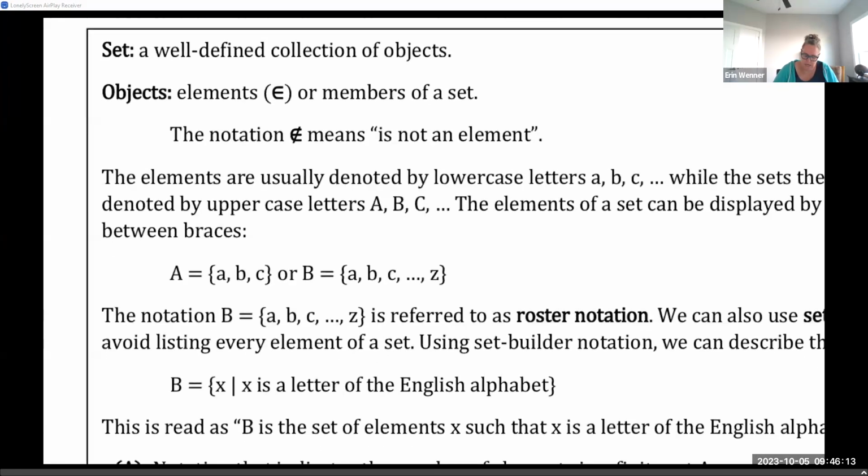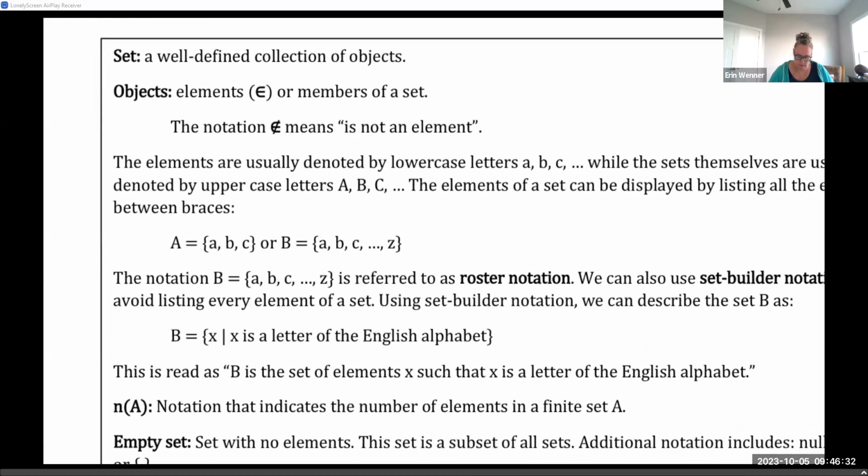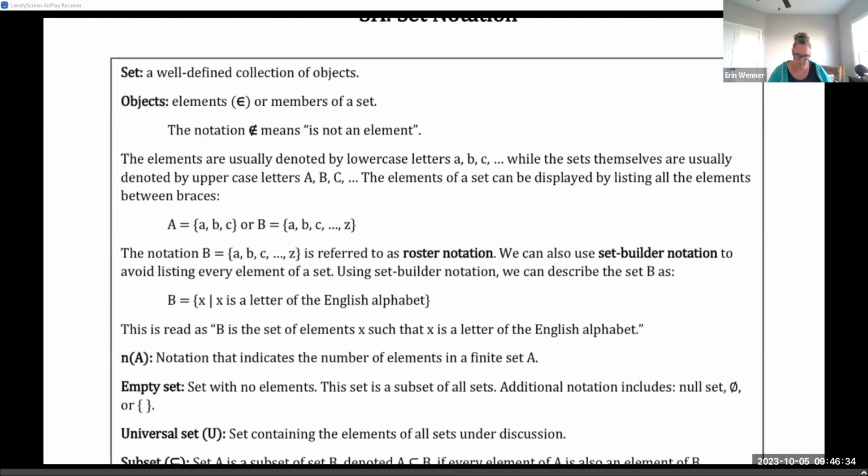If we take that symbol and put a line through it, that negates it. What that means is that it's not an element versus being an element. Elements are usually denoted by lowercase letters, while the sets themselves are usually denoted by uppercase letters.